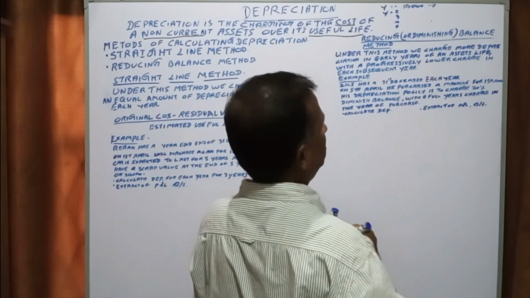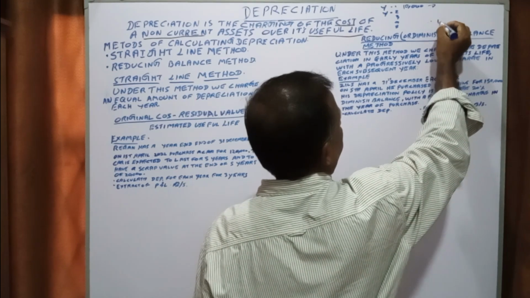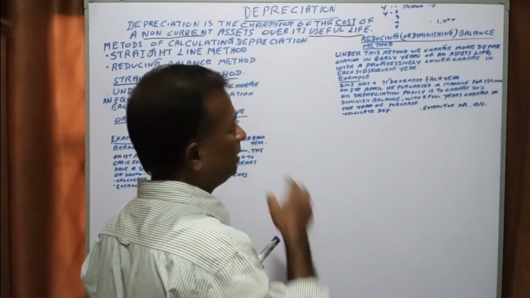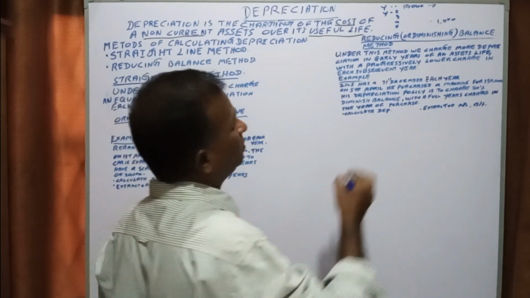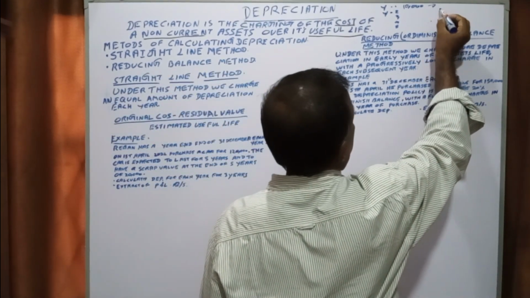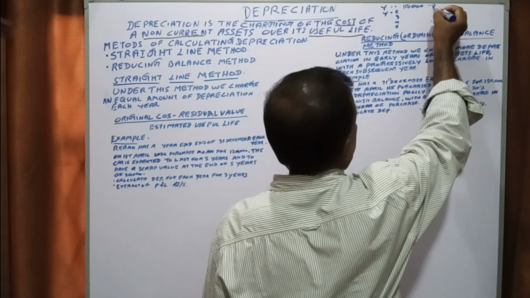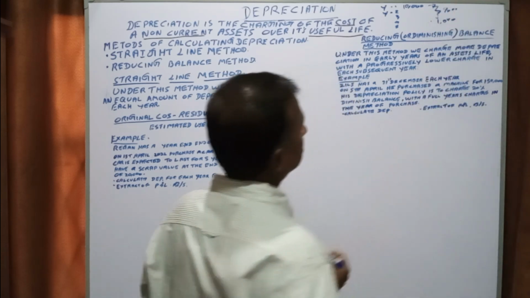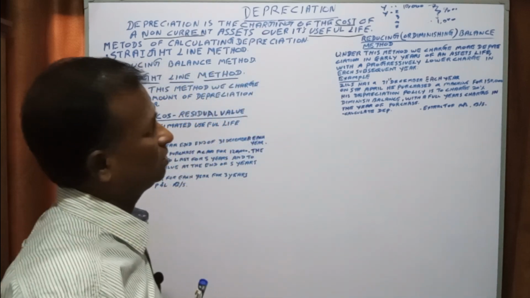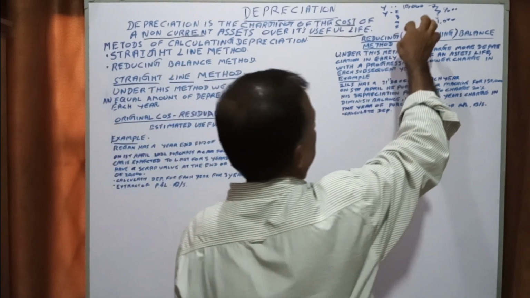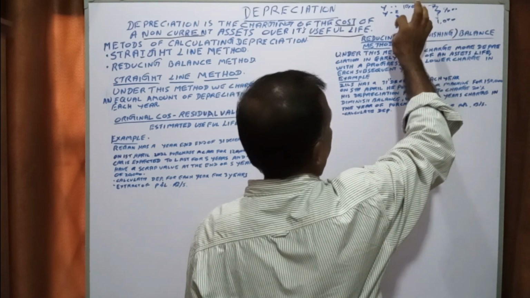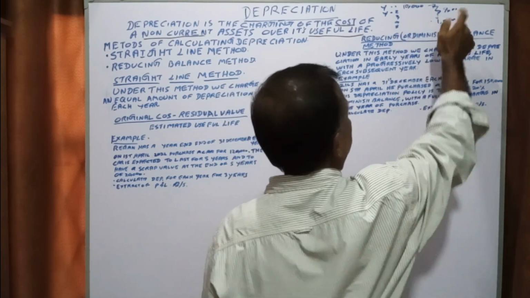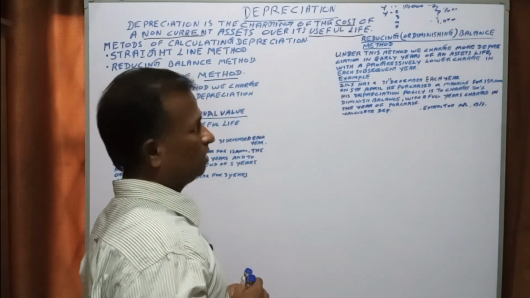If you say after 5 years it will have a value of 1,000 rupees, then the difference is 9,000. So in the fifth year you cannot show the 10,000, you have to show the scrap value of 1,000.